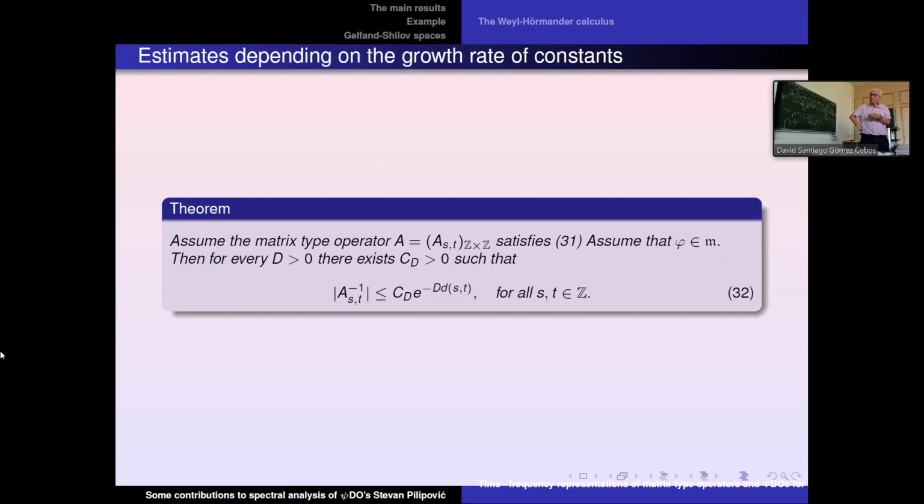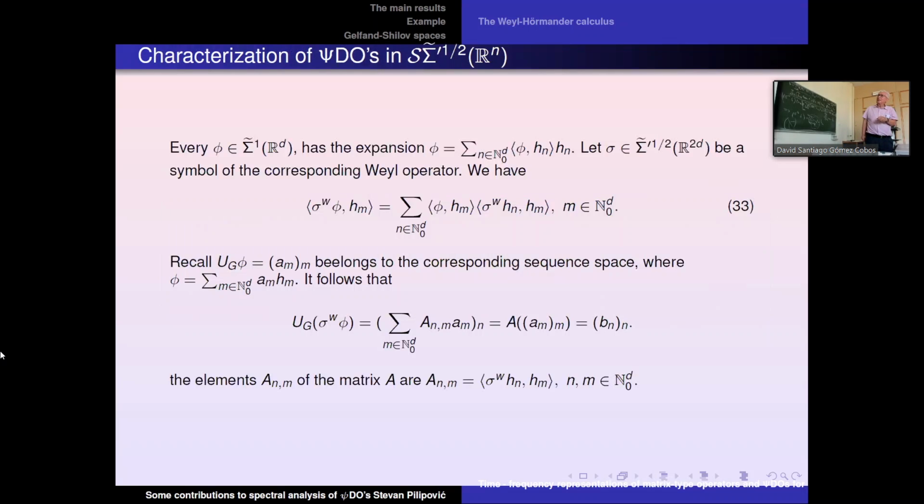So this is, from my point of view, the most difficult result in that setting. And then I try to explain this in the concrete case.